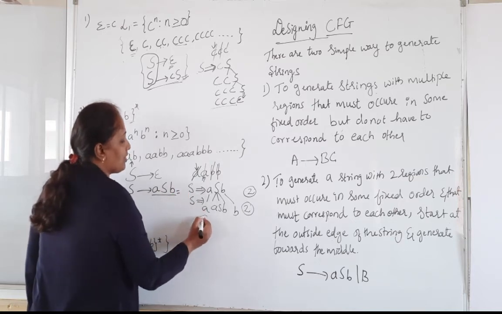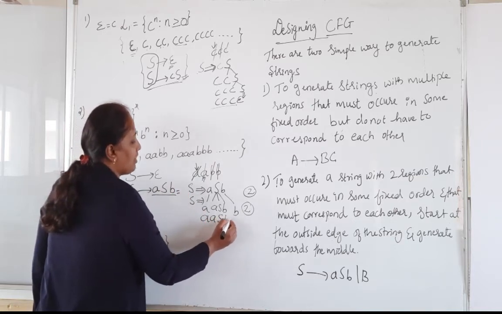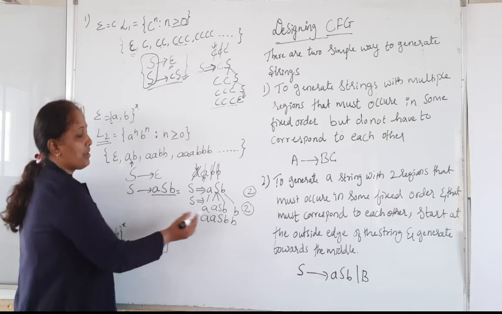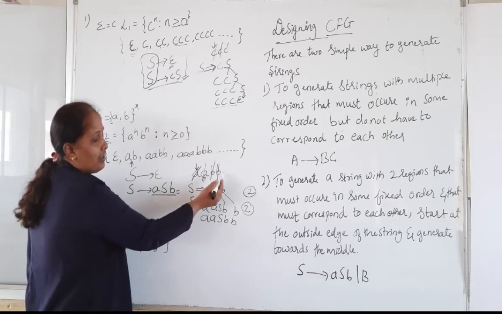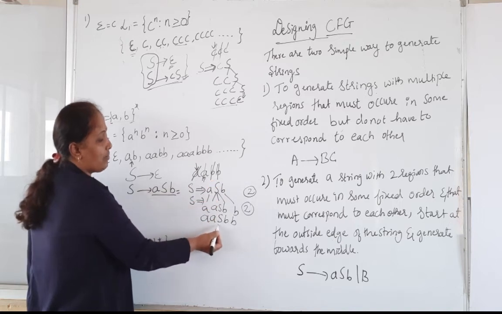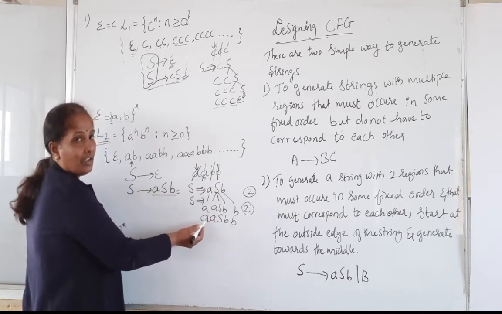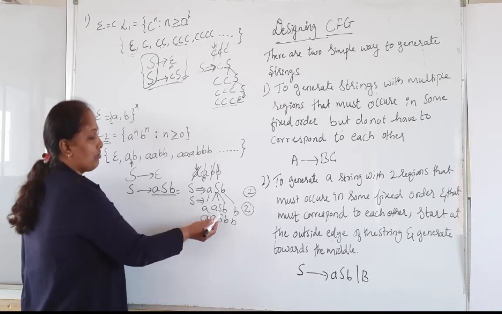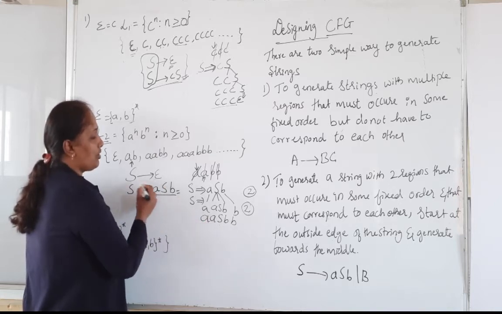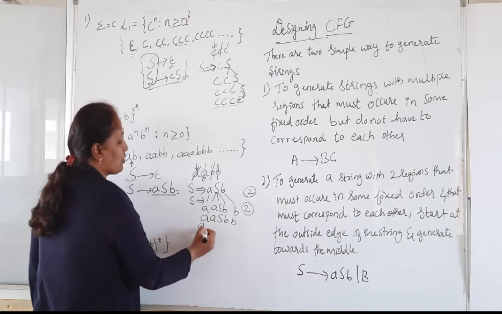After that I have S, B. What must I substitute for this S? See, the end of my string has occurred, so I read the whole string. What is the next step? At the end there should not be any non-terminal in the derivation. So to nullify this, I can substitute this S by epsilon.